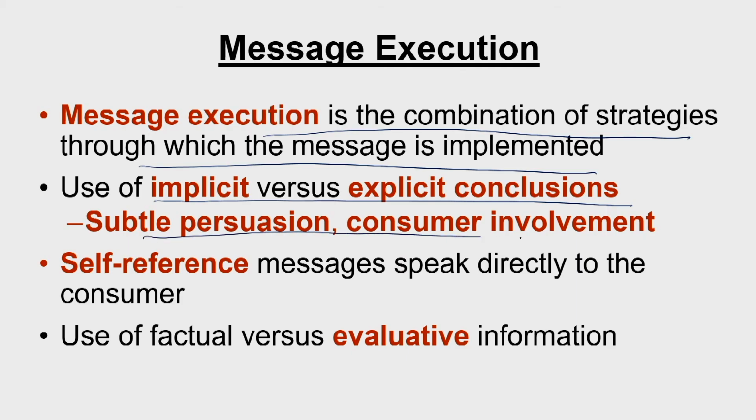Subtle persuasion and consumer involvement. If subtle persuasion is used, then implicit messages are more effective than explicit conclusions. And consumer involvement: the more involved the consumer is, the better implicit message execution will work compared to explicit conclusions. The more involved the consumer is, in those cases explicit conclusion turns out to be counterintuitive.